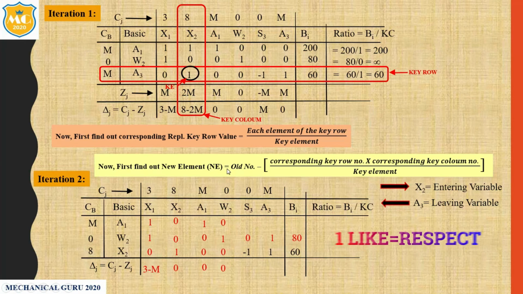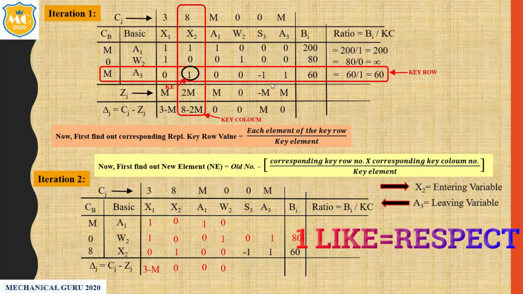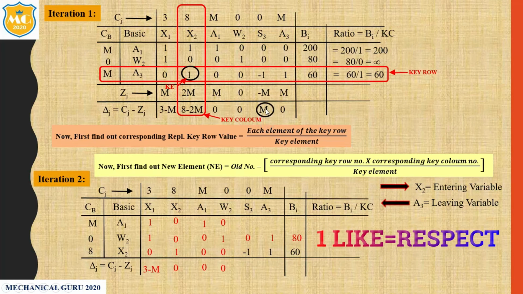So new element is equal to old number. So old number, that is M, minus corresponding key row number, that is minus 1, into corresponding key column number, that is 8 minus 2M, divided by key element, that is 1.